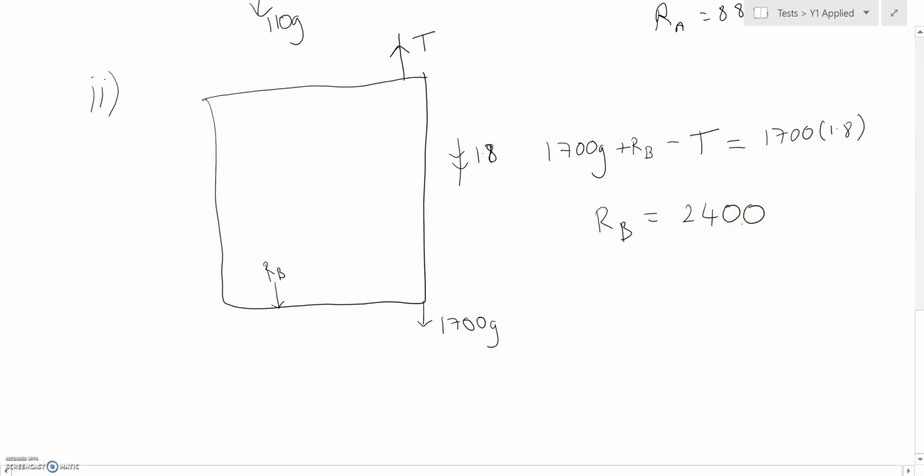What I did is I made RB the subject, and it comes out to 2,400. This is acting downwards because box B is pushing down on the lift.